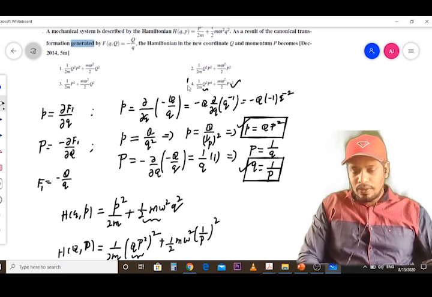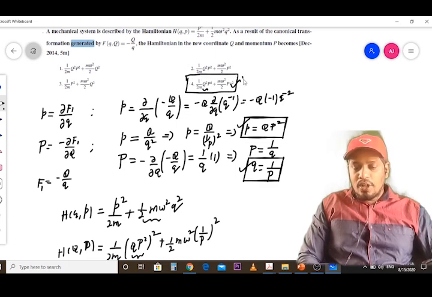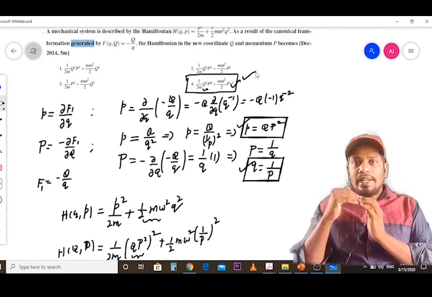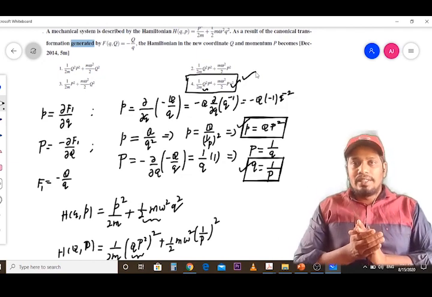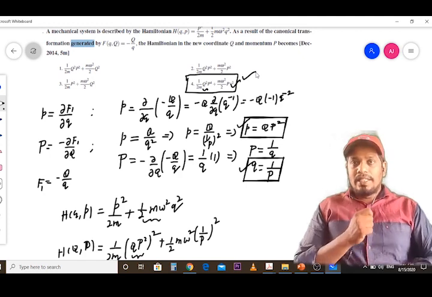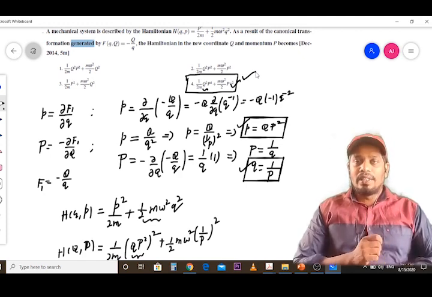So the fourth option is the right answer for the transformed Hamiltonian from the old coordinates to the new coordinates. This is also one of the simple problems from the CSIR NET questions. Thank you.